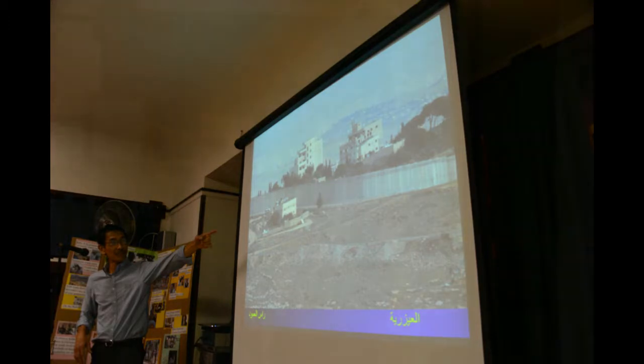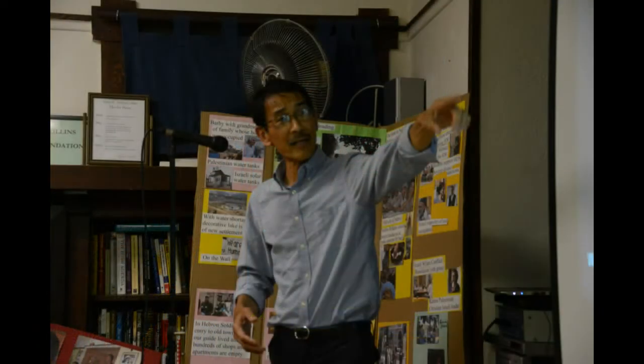This is actually a separation wall between Palestinians and Palestinians. So the buildings that you see on the other side of that wall are in the Palestinian city of Al-Azariya, and the house on this side of the wall is in the Palestinian city of Ras Al Amud.